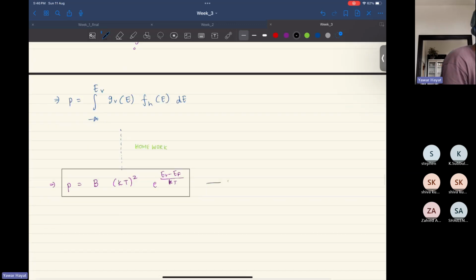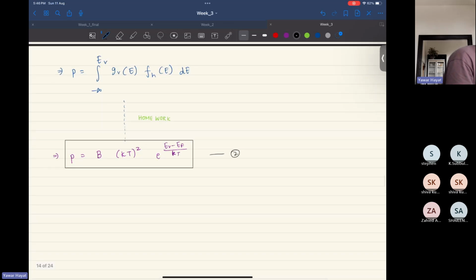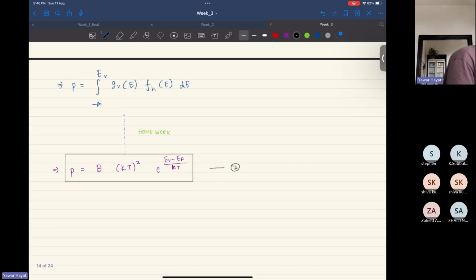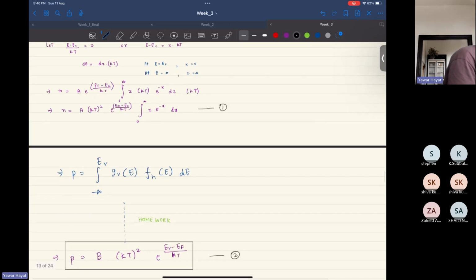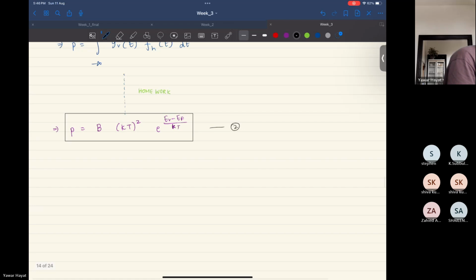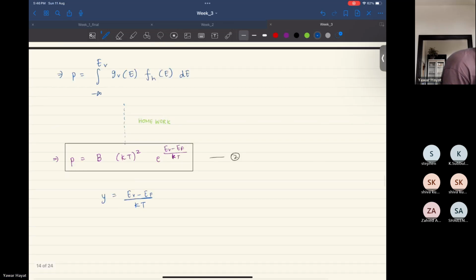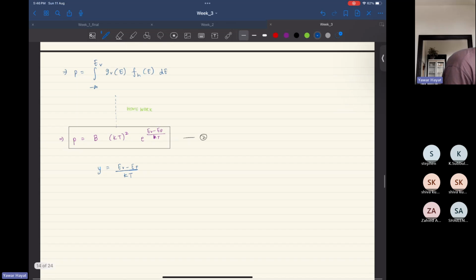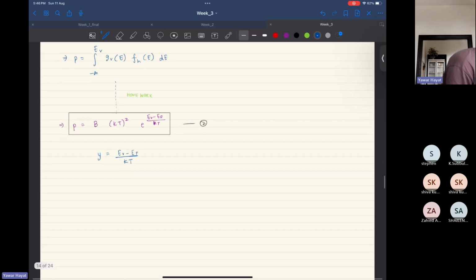So this would be your equation 2. How this equation 2 comes, you guys would solve it. Okay. And then again, we would use a substitution, your y, that is equal to EV minus EF by KT. Right, if you do that, and just a second.